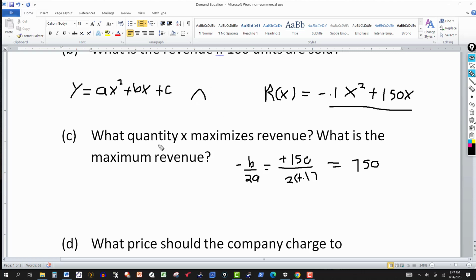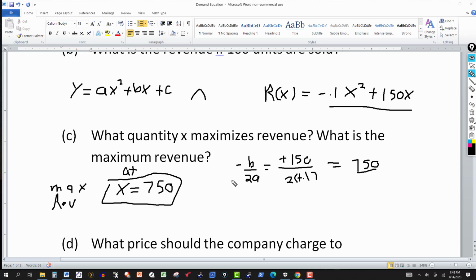It says what quantity X maximizes revenue. Well, the maximum value is going to occur at 750. So the answer to the first part is X equal to 750, the maximum occurs at X equal to 750.